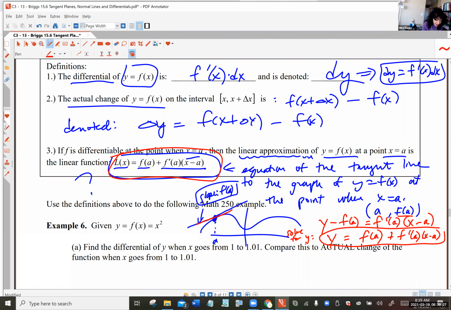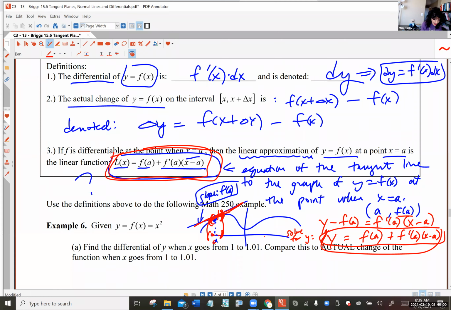Well, because this tangent line, if I get in a really close interval of a, if I just stick to this little interval, it can almost look like the graph of the function itself. I know it's a straight line and the graph is curvy, but if I stay in a really close neighborhood here of a and just pick little points that are close to a, I can use this tangent line equation as a good approximation for the actual function itself.